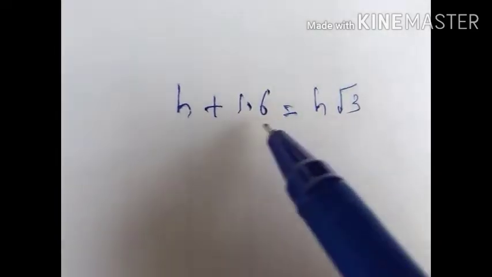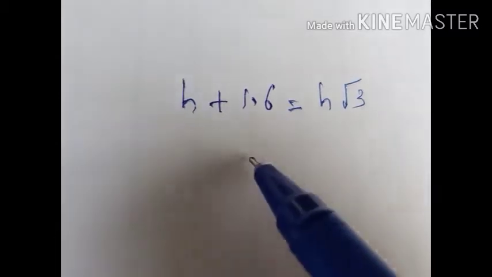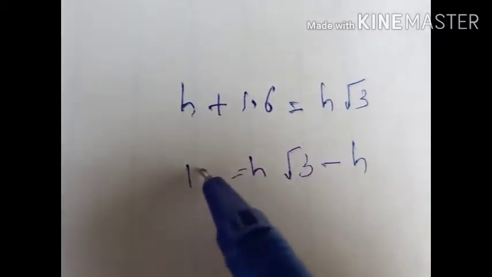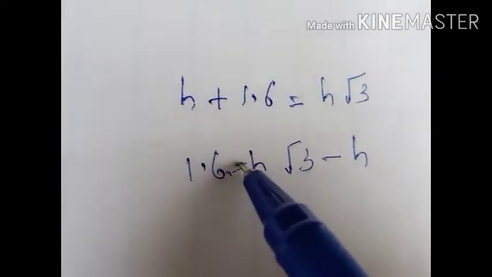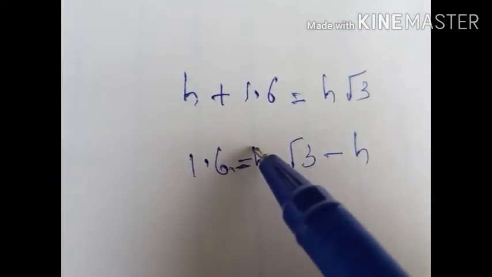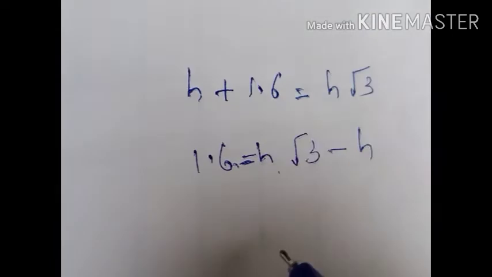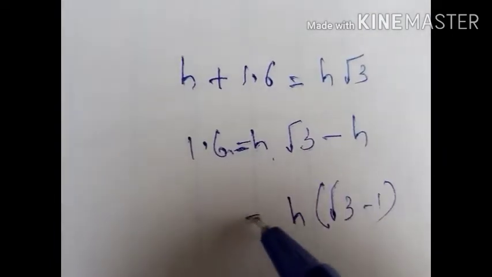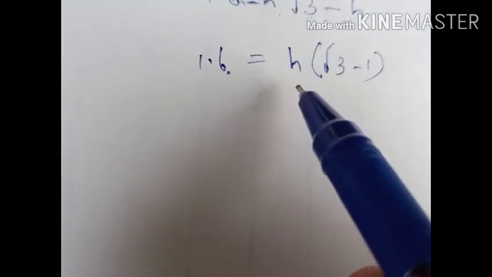We can transpose. Then h root 3 minus h equal 1.6. We can write the terms with the variable h together. Then h into root 3 minus 1 equal 1.6. Our aim is to find the value of h.